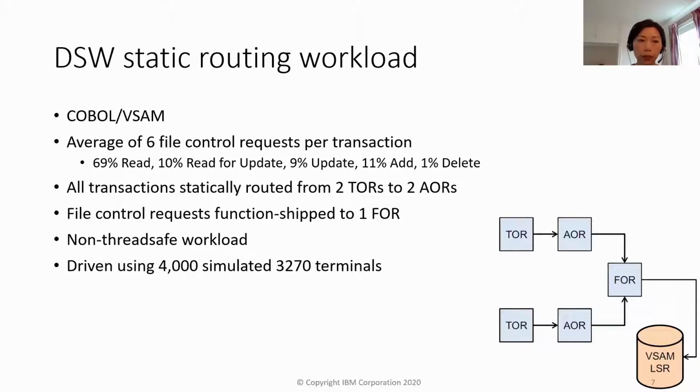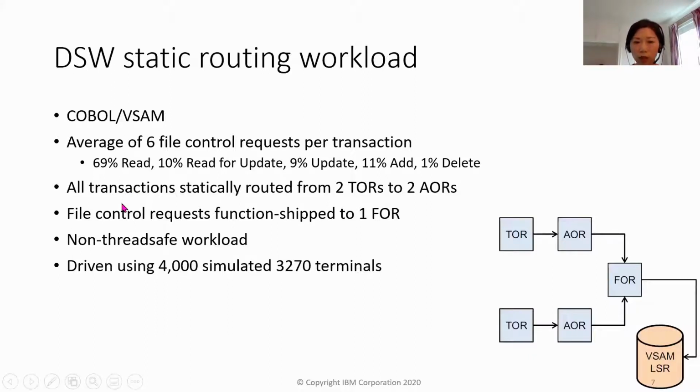So we think it's a good application to make sure CICS doesn't degrade any customer's application in this kind of traditional workload. The workload has 6 file control requests per transaction, spread across 69% read, 10% read for update, 9% update, 11% add, and 1% delete. So we call it static.